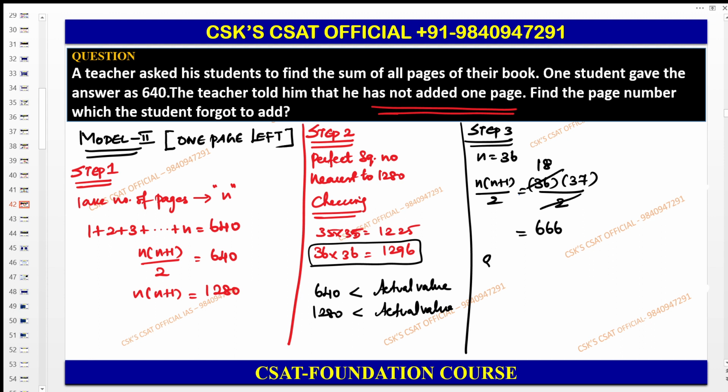Now you can do step number 4: find 666 minus 640, which is equal to 26. So the 26th page you have left out. Therefore the answer for this question is 26. Clear? The page number which the student forgot to add is the 26th page.